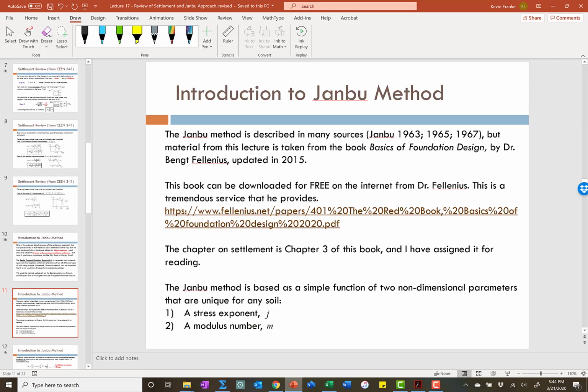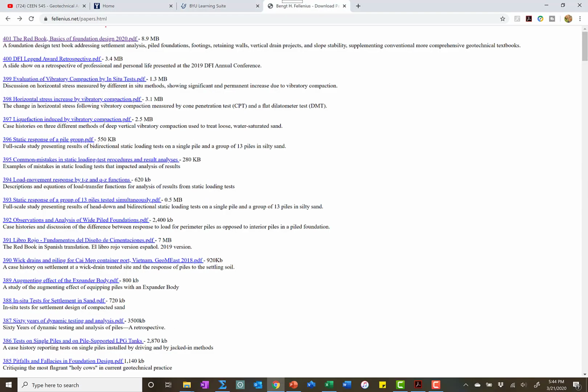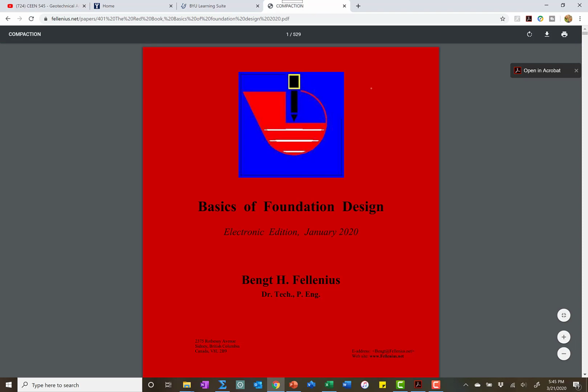Let me show you what that looks like. Here's fellenius.net/papers. Right now, it's publication 401. It's called the Red Book. A lot of people refer to it as the Red Book. If you click on it, here it is in electronic form. You can see why they call it the Red Book, because the cover is nice and red.